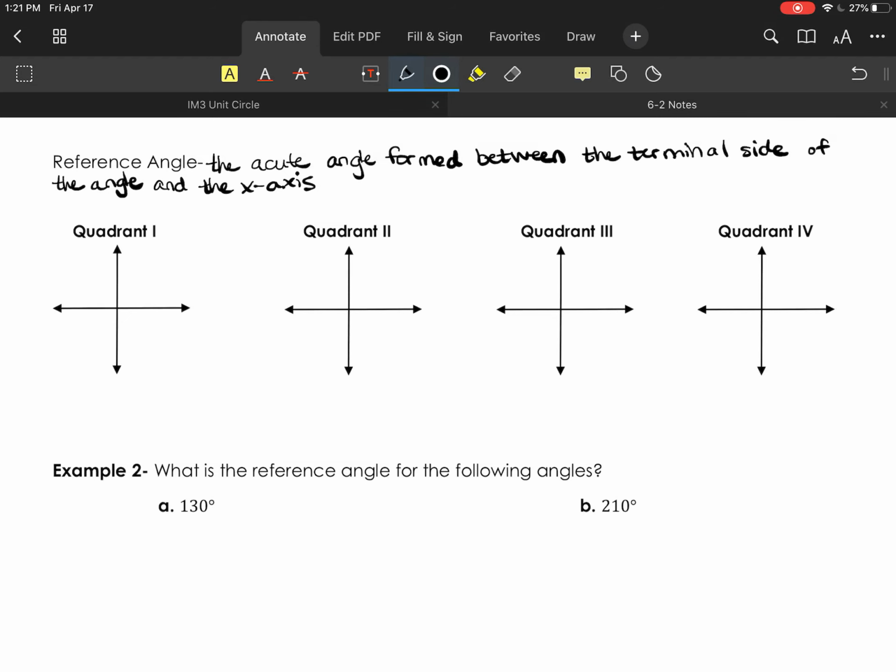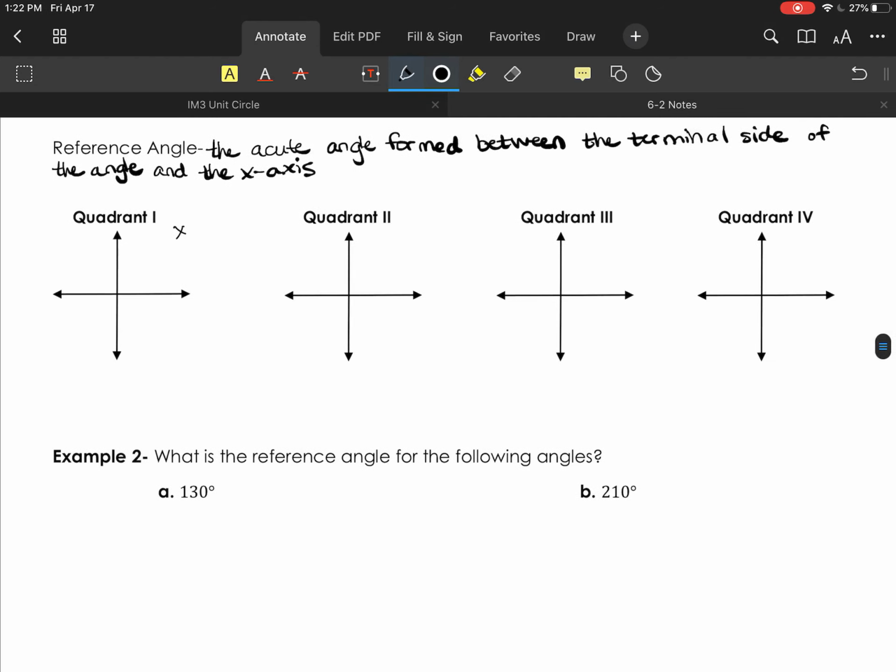So what that means, it looks different in each quadrant. So again, this is quadrant 1, this is quadrant 2, this is quadrant 3, this is quadrant 4, just so you know where we're looking at.